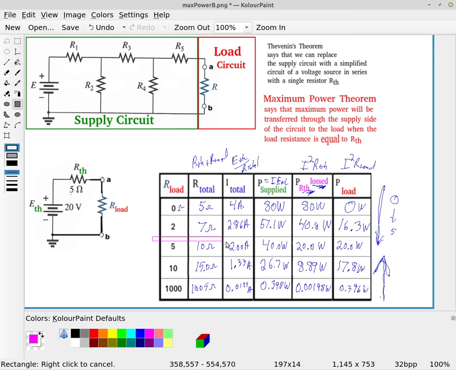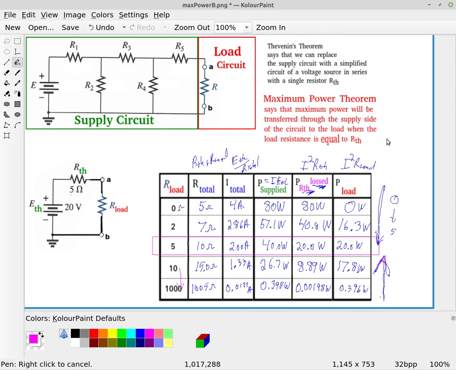And ever since we got over the 5 ohms, when our resistance kept increasing, our power started dropping again.